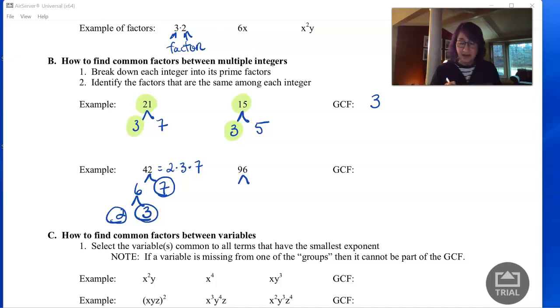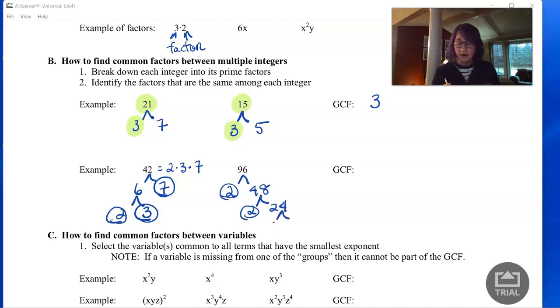So that means I can multiply 2 times something to get 96, okay? 2 goes into 96 48 times, all right? So 2 times 48 gives me 96. Let's go ahead and take 48. You could do 2 again. You could do 2 times 24, okay? My 2's are prime, so I'm not breaking them down.